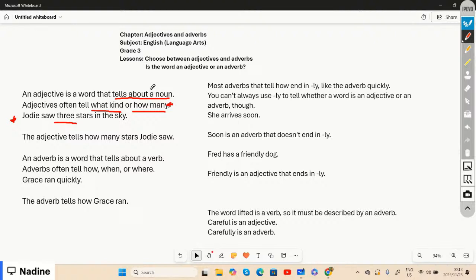So these are all words that tell us how many of the nouns someone or something has. We're doing adjectives and adverbs.